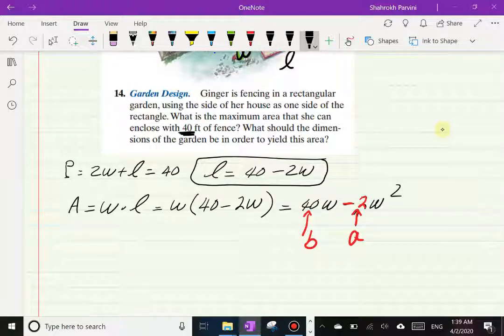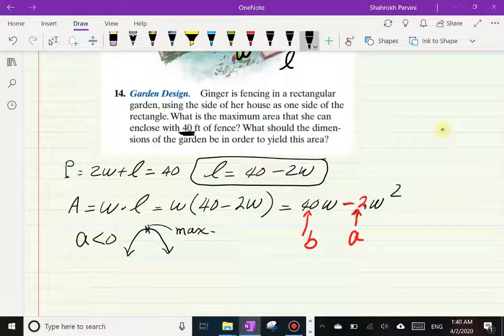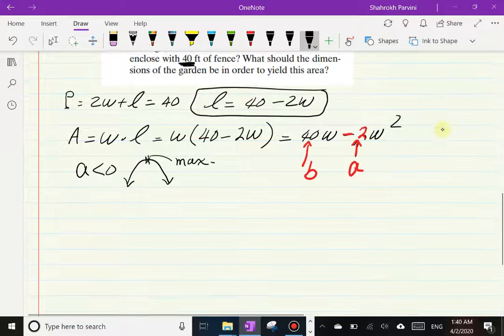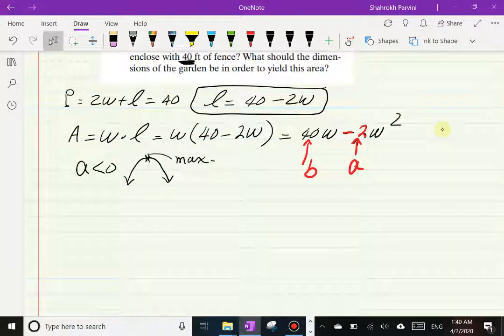A is less than 0, so the parabola again opens downward. That means the vertex is a max. So the maximum area occurs at the vertex. And now we can actually solve for the vertex. If I do negative b over 2a, that would be the h component of the vertex.